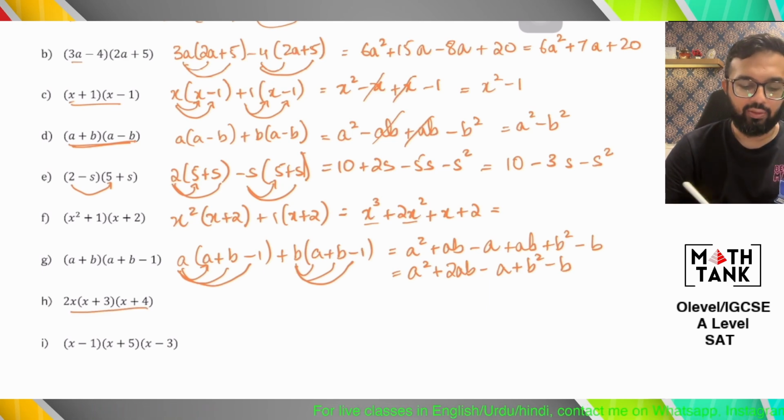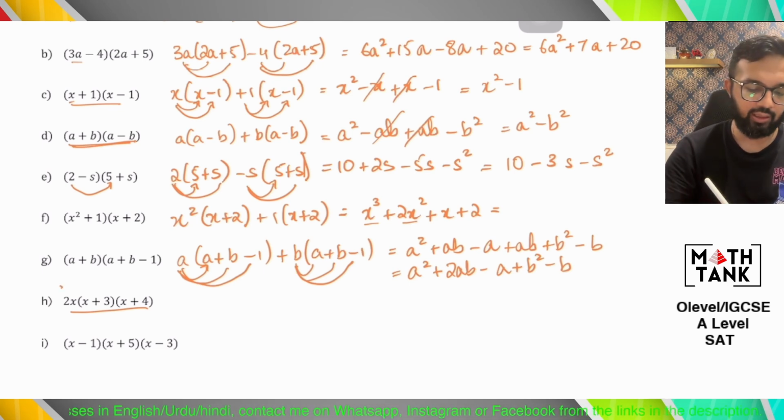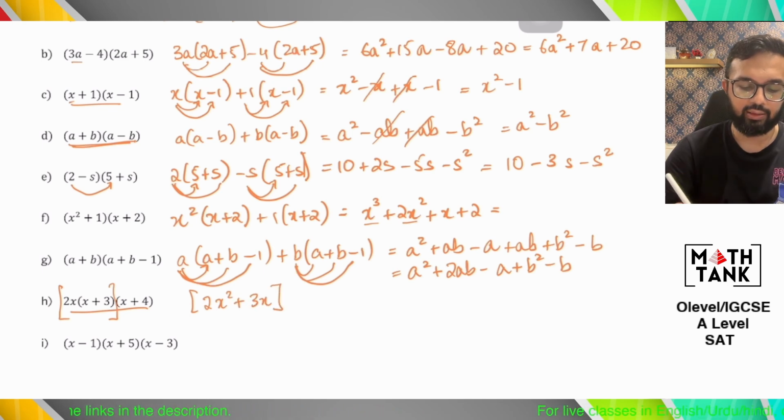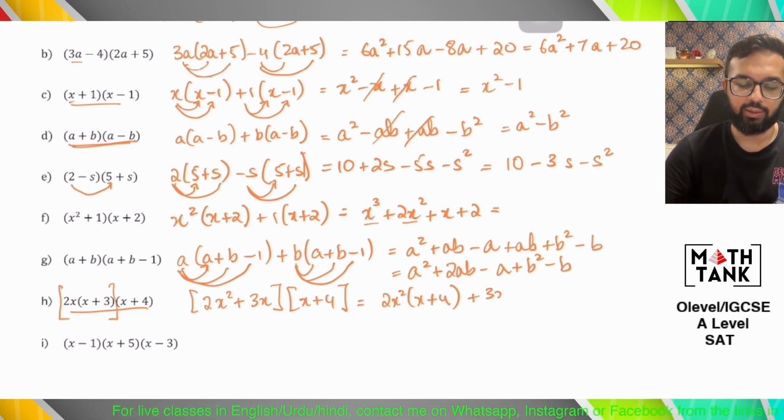Now this is a little tricky. A lot of people get confused when they're multiplying this together. The simple idea is you separate this and say that there's a bigger bracket here. So you first multiply within the bigger bracket and say that this becomes 2x square plus 3x. And then those terms get multiplied with x plus 4. So 2x square into x plus 4 and plus 6x.